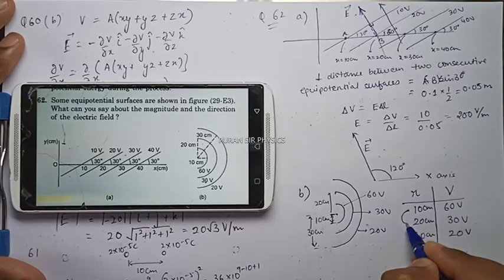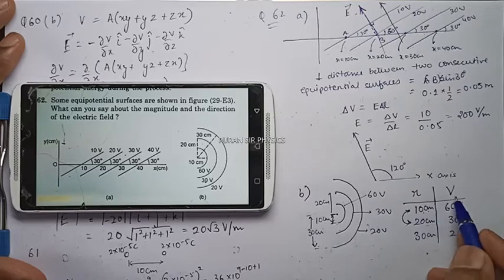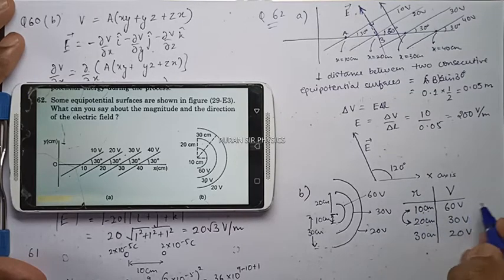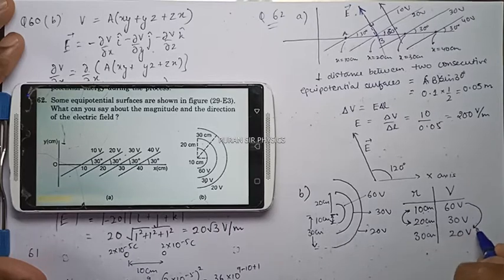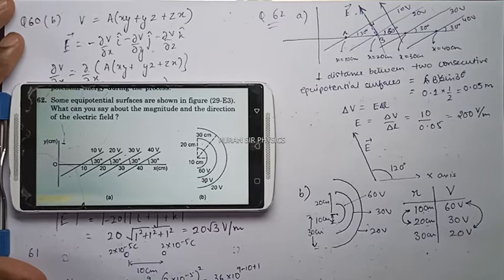So if we see these first two observations, if the radius is increased by a factor of 2, when we double the radius your potential becomes half, and if we see the first and third, if we triple the radius your potential becomes 1/3.